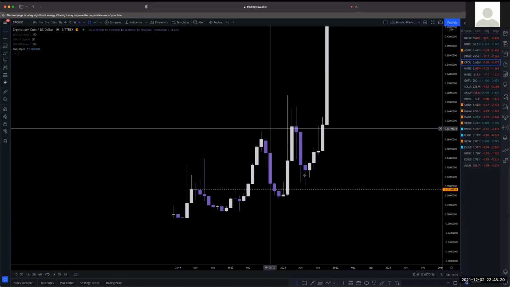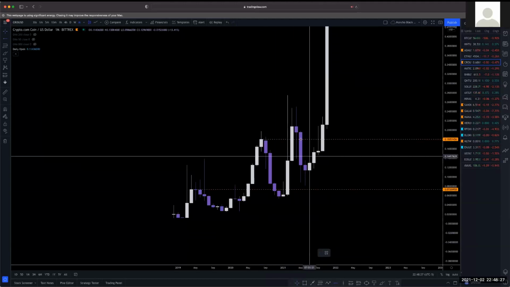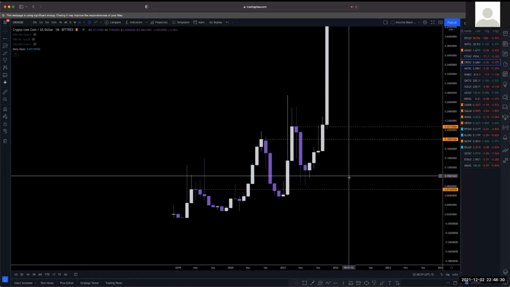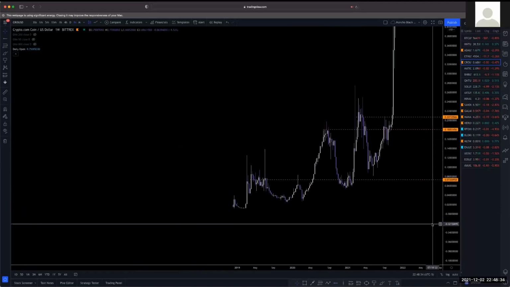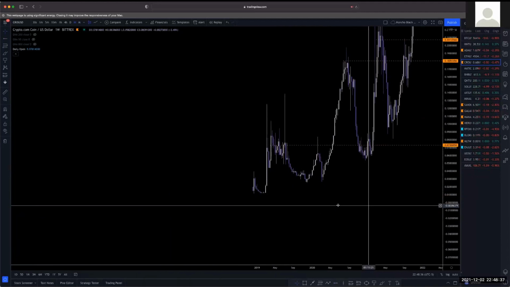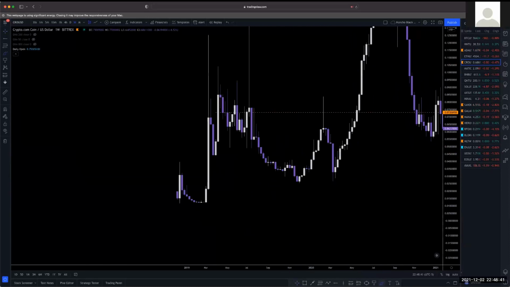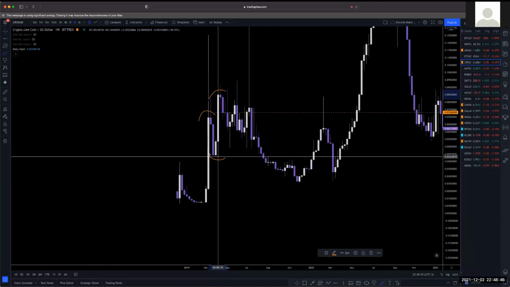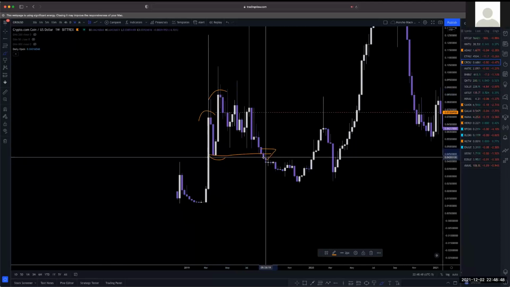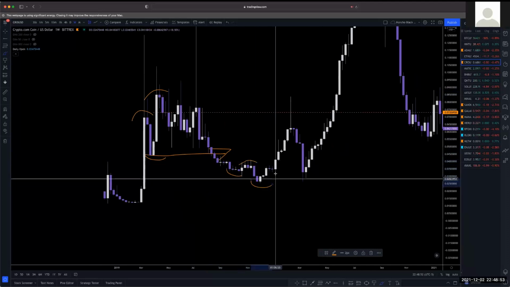Now let's break this down. Let's put all our monthly previous highs as orange. Now we'll drop down to the weekly and go off the weekly perspective. As you can see, it created a higher high, a higher low, a higher high, until we created this new low right here: a lower low, lower high, lower low.